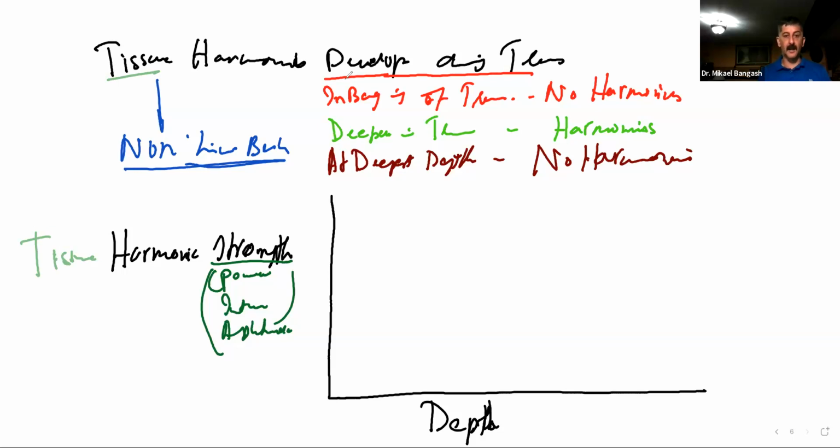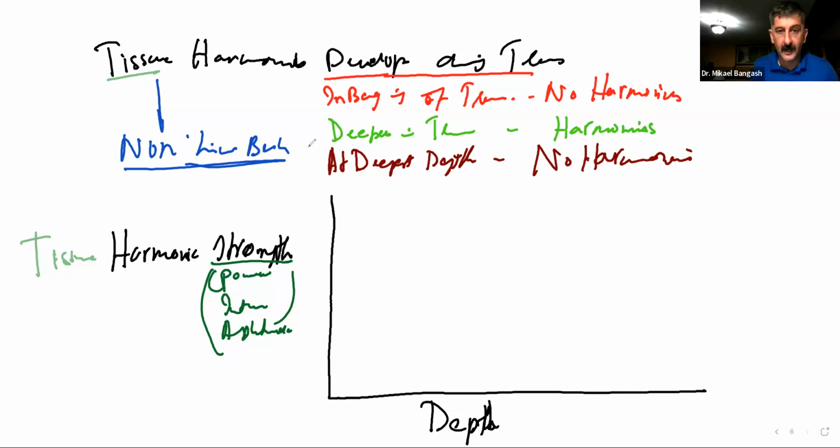This means that as we go deeper and deeper, we will have greater power, intensity, and amplitude. But this development is still not going to be linear.